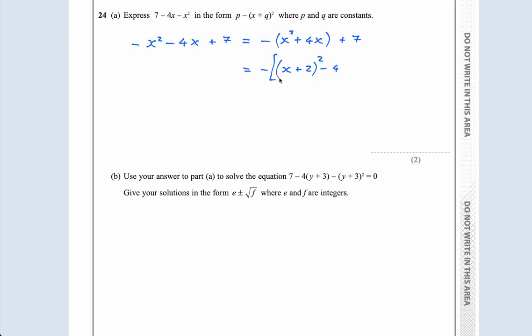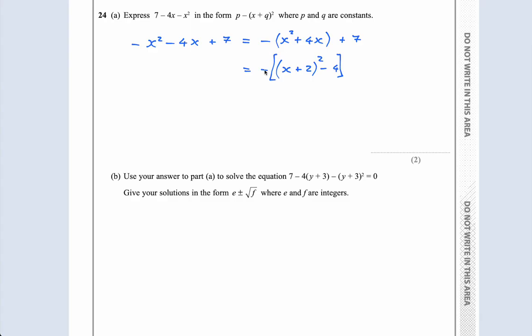Now if you recall, guys, that's how we completed this square. We did x plus 2, we half this, we do x plus 2 squared, and then we subtract this squared.